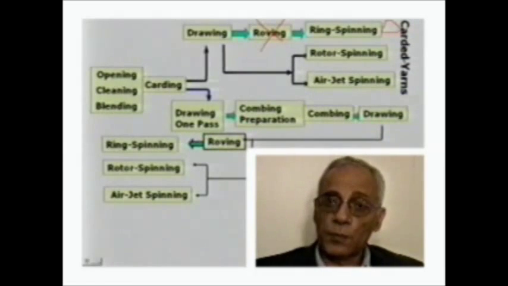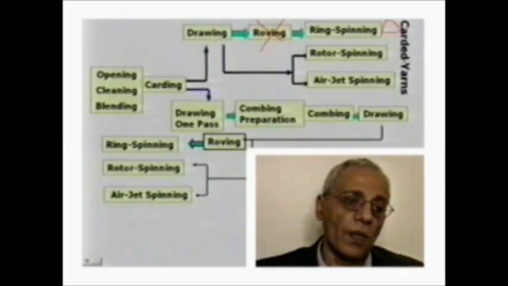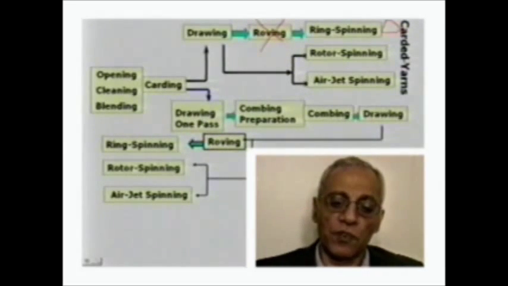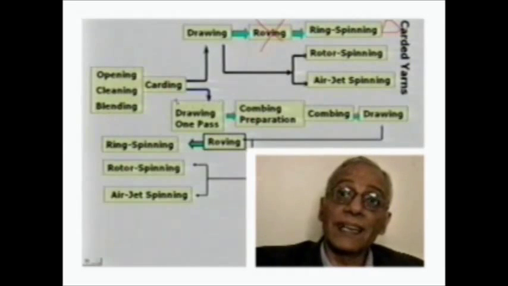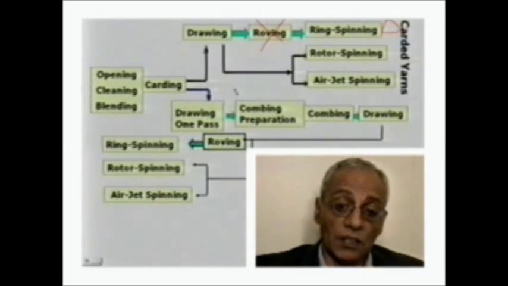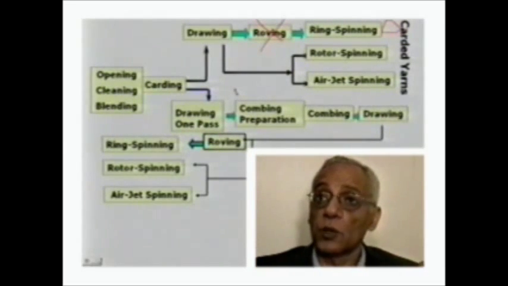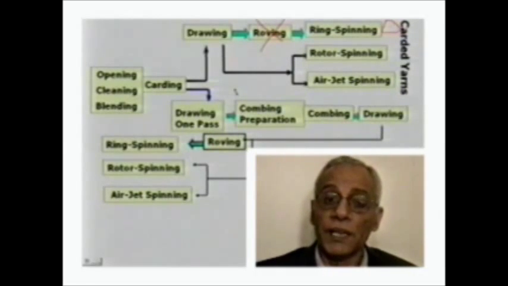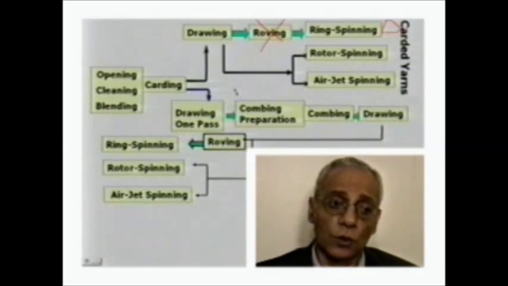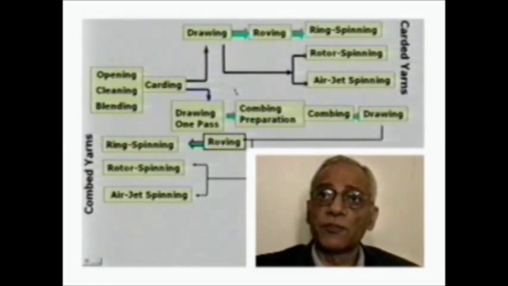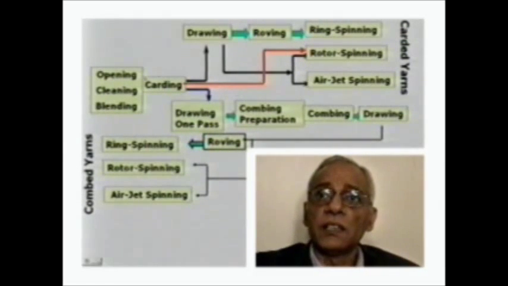In some cases, especially the people that produce fine yarn, and they use very long staple fibers, they indeed go straight from the carding. They use some of their waste fibers to make coarser yarn on rotor spinning by going straight from the carding to the rotor spinning, as you can see here.